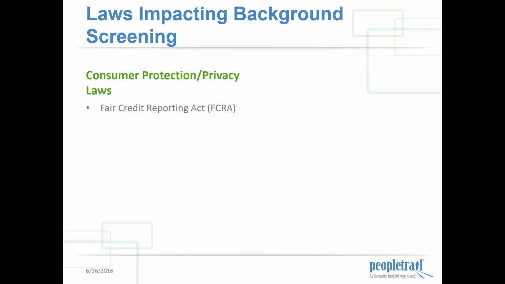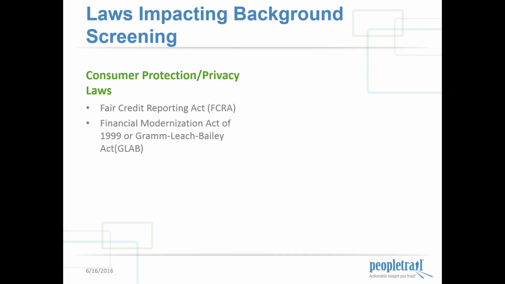So if you're compiling information about an individual that you're going to hire and putting it in one place, or you're going to an outside agency and compiling information about somebody's criminal history or their background or anything like that, you automatically become associated with the Fair Credit Reporting Act. So that's important to know.